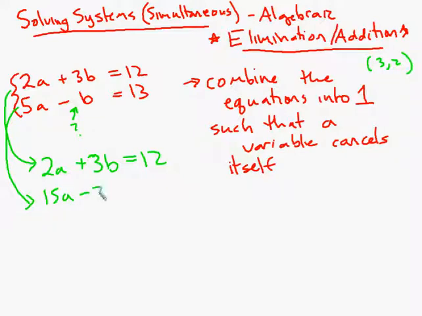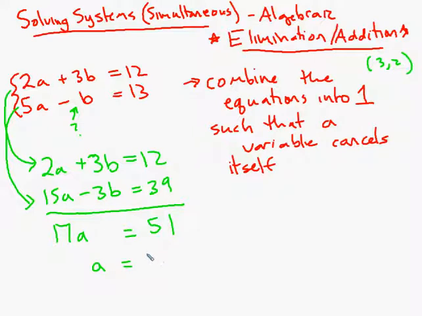Negative 1 times 3 is negative 3b. And 13 times 3 is 39. And now when I add them, I get 17a equals 51, which we did get in our substitution method at one point. Then I divide by 17, and I get my 3.